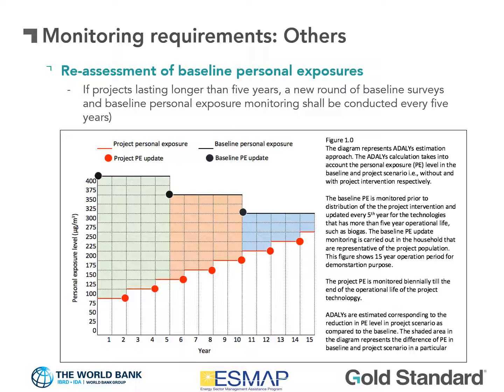So for example, you can see in year 2 with the red dot that personal exposure has been monitored in the project, and you can see that it's a figure of around 80. So the difference between 400 and 80, so 320, would be the difference in exposure as a result of the project.